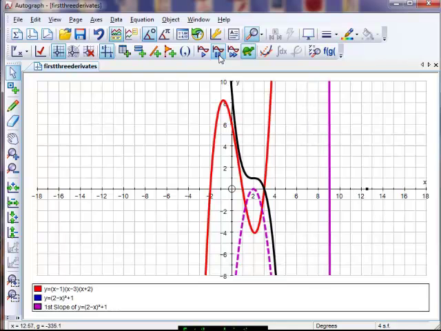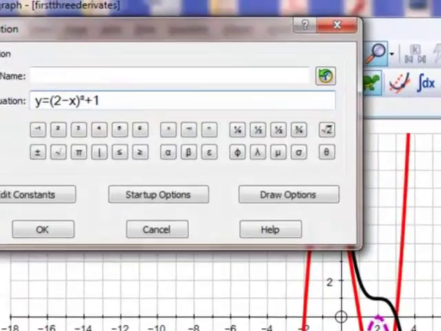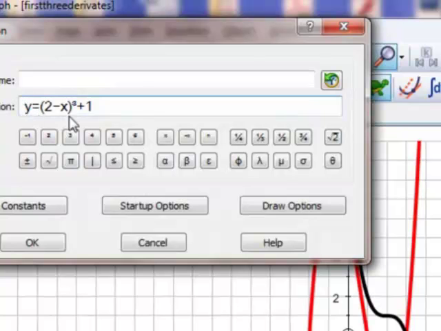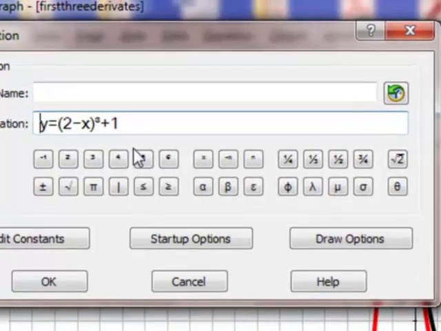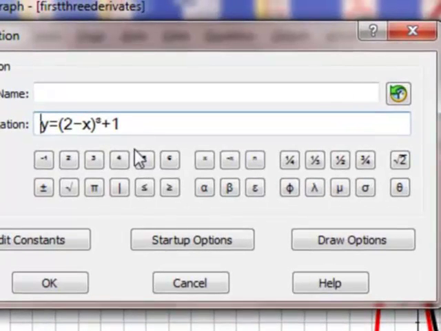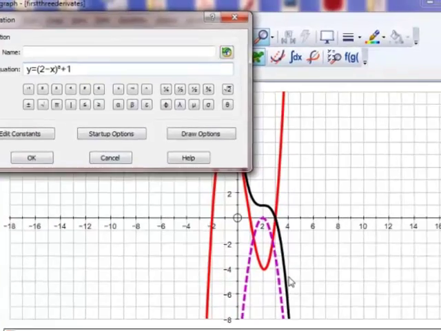and there it is. And of course, I'm just double clicking that so you can see the equation. If we differentiate that, we're going to get minus 3 brackets 2 minus x all squared. So the quadratic is negative, and that's why you're getting this.